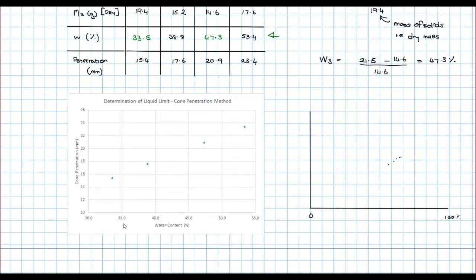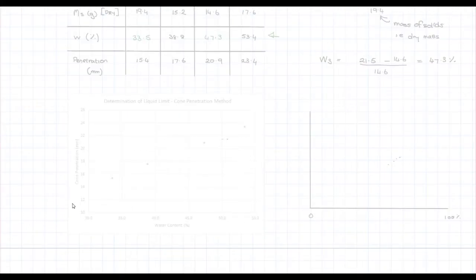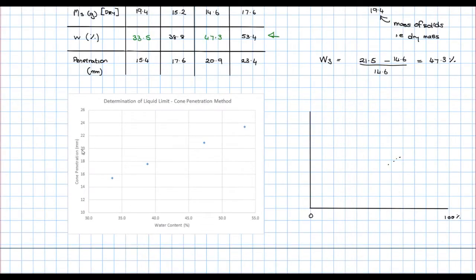So make sure you choose a range, especially on your x-axis, but also on your y-axis, that only shows the zone of the 4 points you're looking at. You don't need it to go any lower or any higher on both sides of the scale. You do need to make sure that the 20 millimeter is visible at whatever point on the graph that is, because that's the point where you take your liquid limit.